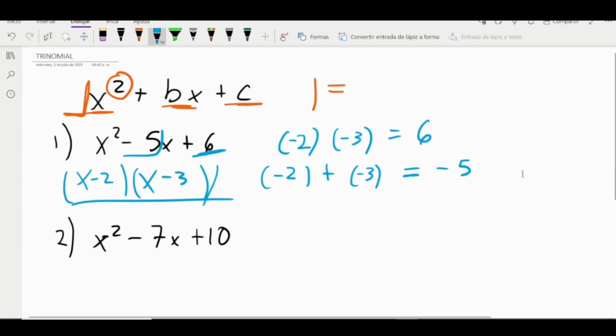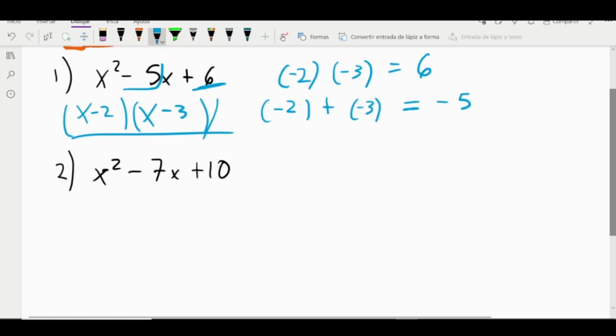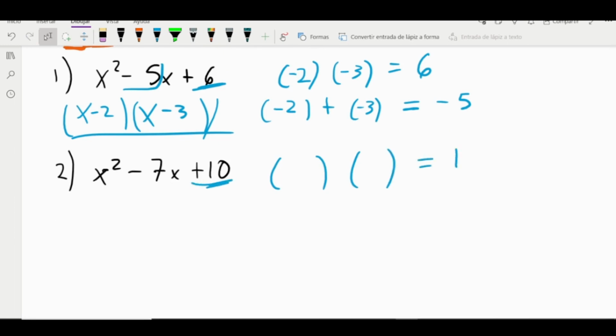Let's solve another one: x² minus 7x plus 10. Here, when you multiply the numbers, it equals 10, and when you add them, it equals minus 7.